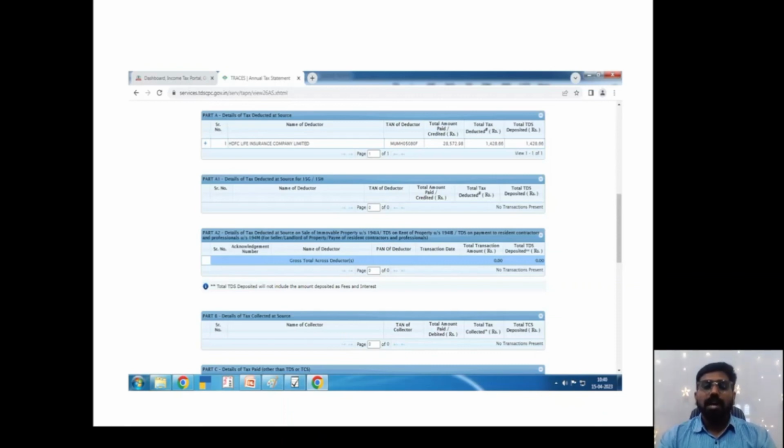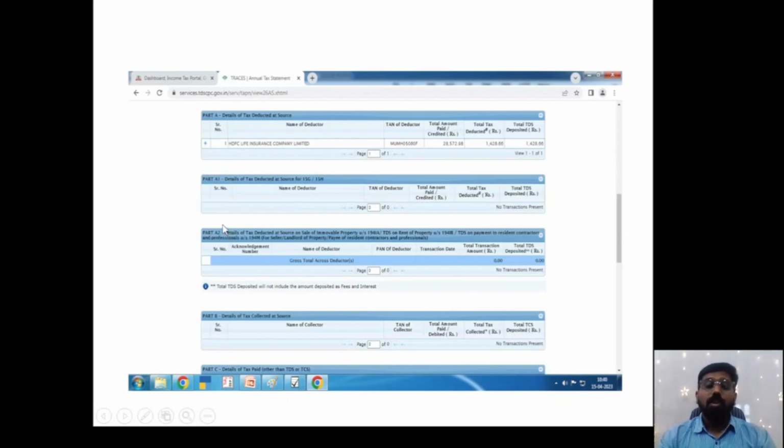So for an assessee who has given Form 15G and 15H, the deductor will not deduct any tax, but those incomes will reflect in Part A1 of Form 26AS.